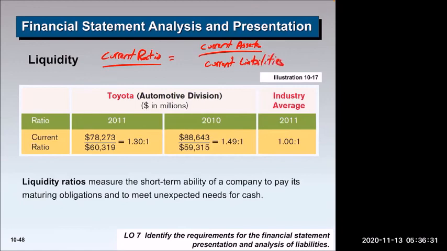Remember, it's a measure of liquidity. Liquidity is my short-term ability to stay in business. What this current ratio means here is that I have $1.49 of current assets for every $1 of current liabilities. And that's a really important number to know.